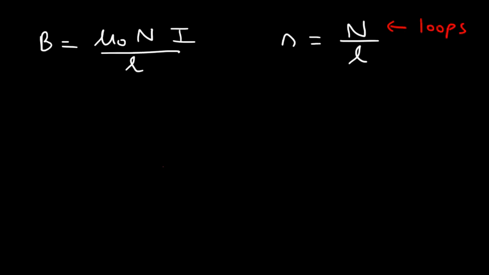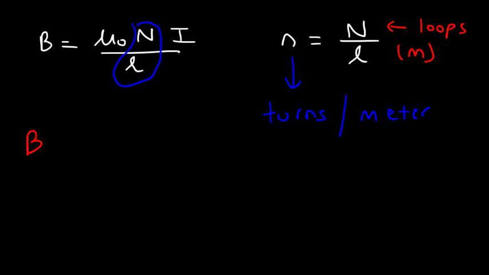L is the length in meters. So lowercase n is the number of loops or turns per meter. So we're going to replace capital N over L with lowercase n. So now we have the equation of a solenoid. B is equal to mu 0 times n times I.